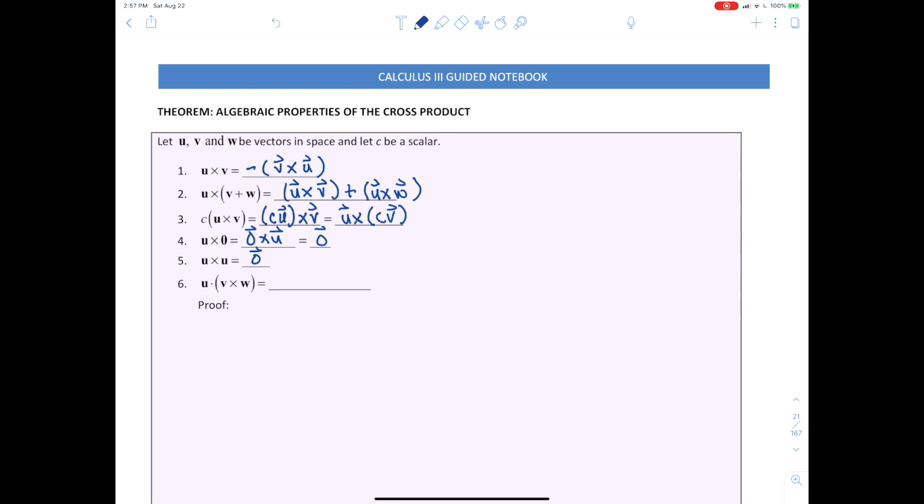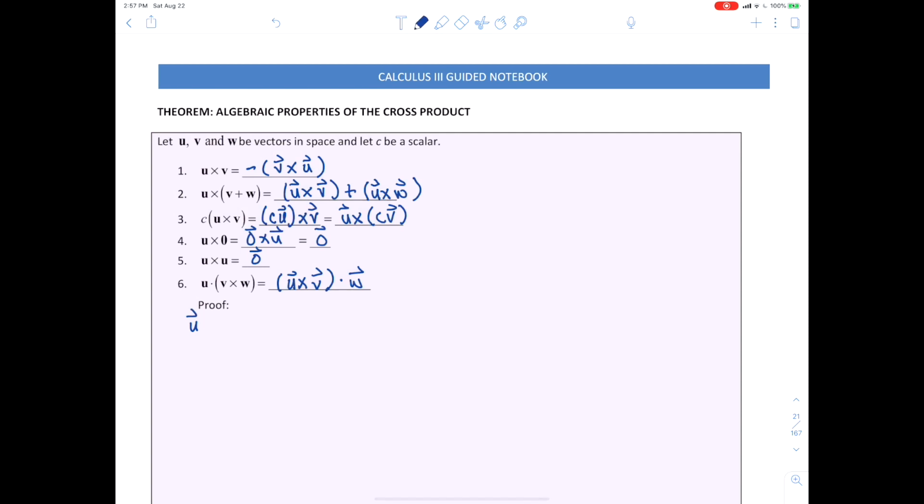And then u dot v cross w is going to be equivalent to u cross v dot w. So let's take a look at this one. So again, we've got these defined.